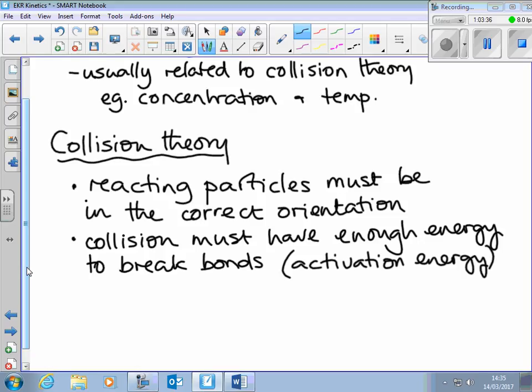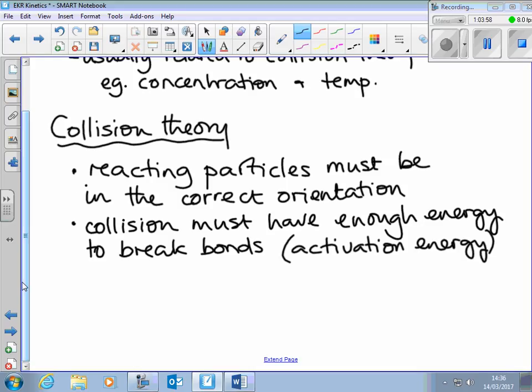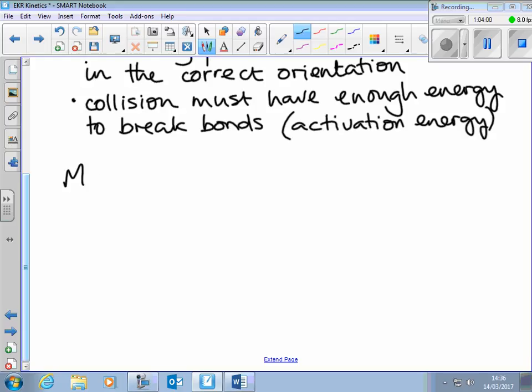But it then goes on, over onto the last page, to the Maxwell-Boltzmann distribution. And this is the key bit. You'll need to copy graphs like this into your assignment to explain some of the things that happen. But it's a really, really straightforward idea. The Maxwell-Boltzmann distribution.